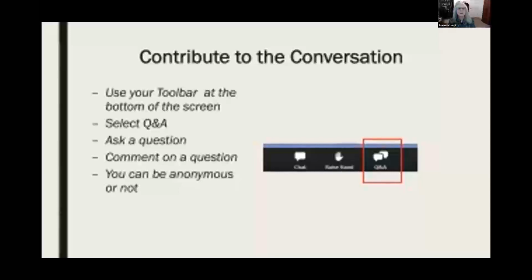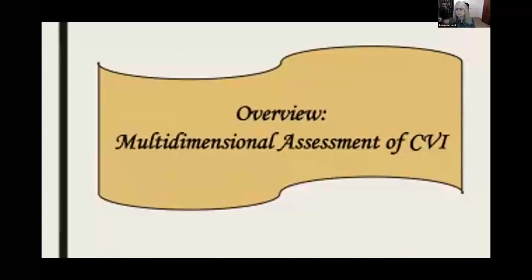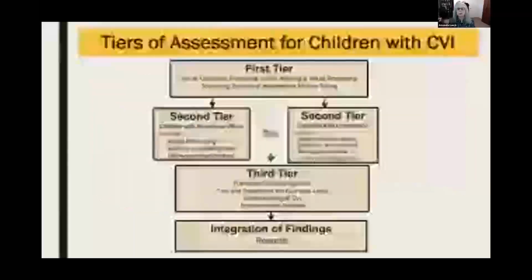So let's go to an overview of multidimensional assessment for children with CVI. I mentioned the tiers of assessment, and the overview of them is that we have 3 tiers of assessment. I came upon these tiers when I was trying to understand how to put all the different types of assessments that are needed for children with CVI together.